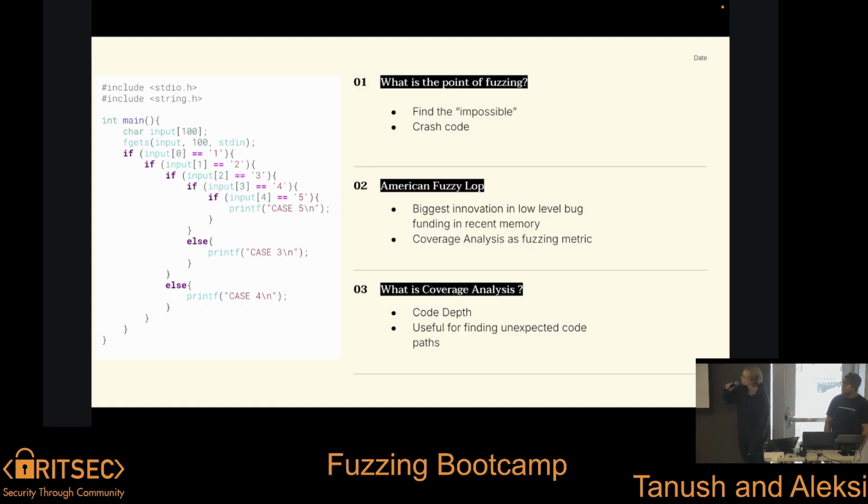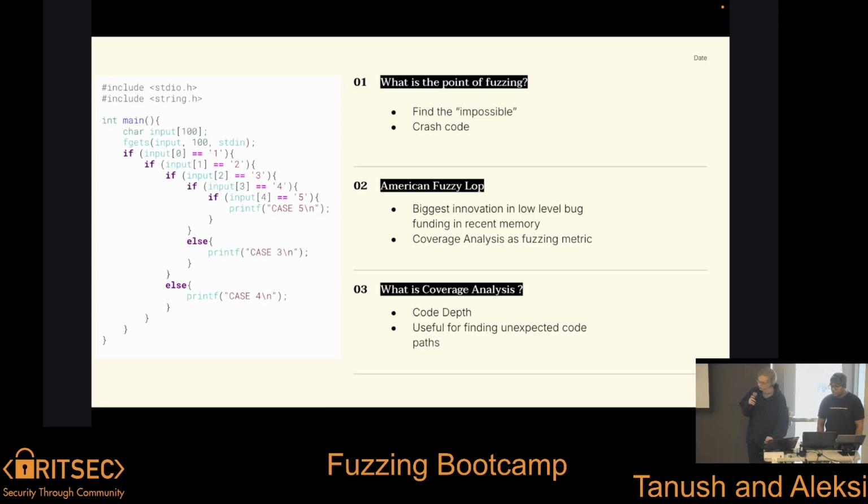On the left here, there's a little code snippet that shows a big problem called the nested problem. The dumb fuzzer before AFL would have a 1 in 256 to the 5th chance of hitting that case, because it needs 5 consecutive chars all in the correct order, and each char can have 256 values.